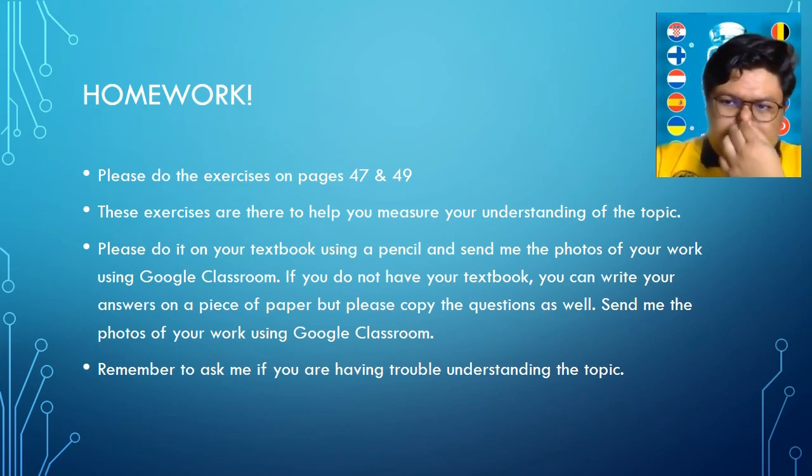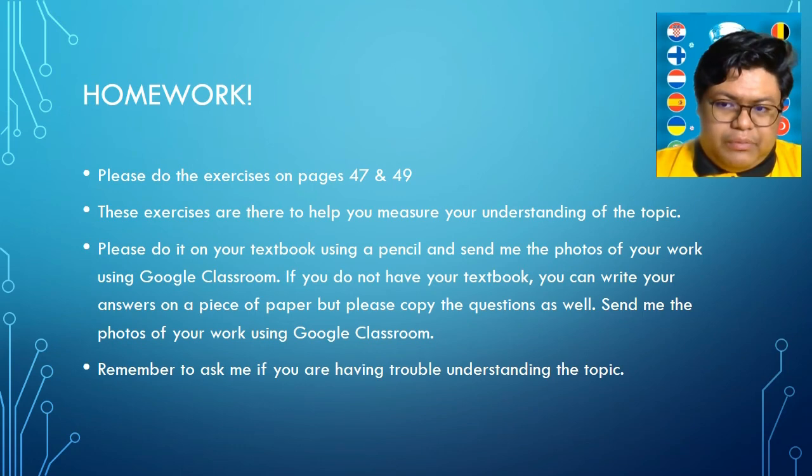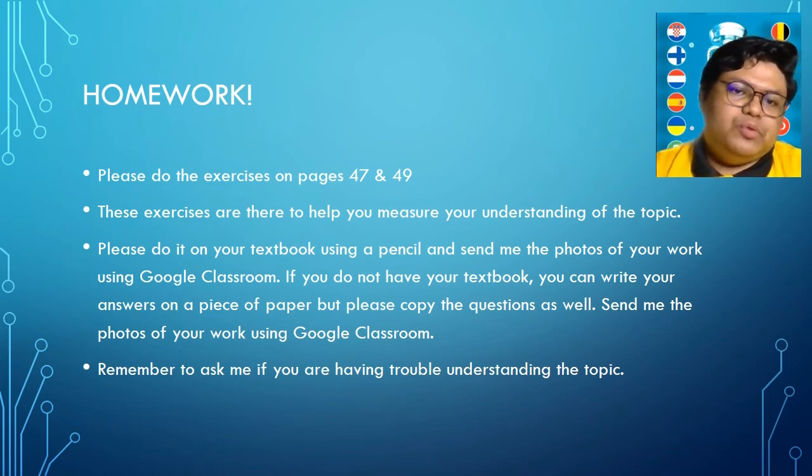Okay, as usual, please do it on your textbook using a pencil and send me the photos of your work using Google Classroom. Okay, if you do not have your textbook, you can write your answers on a piece of paper, but please copy the questions as well. Send me the photos of your work using Google Classroom. Itu pada yang tak ada buku teks lah.